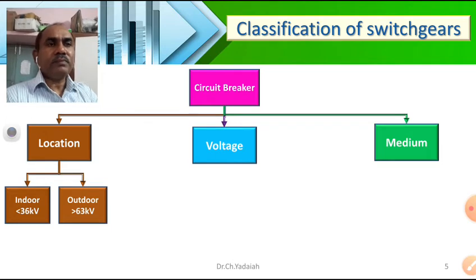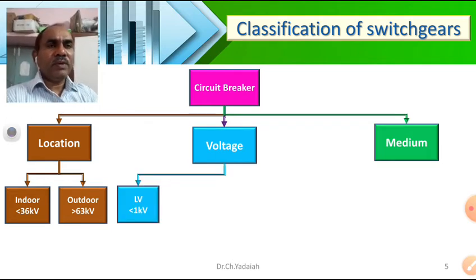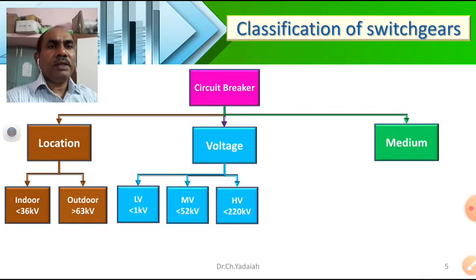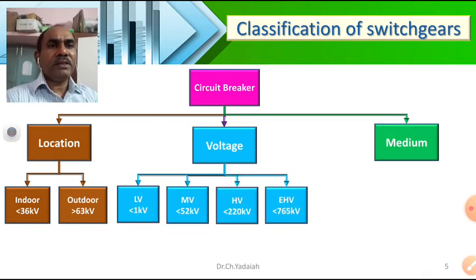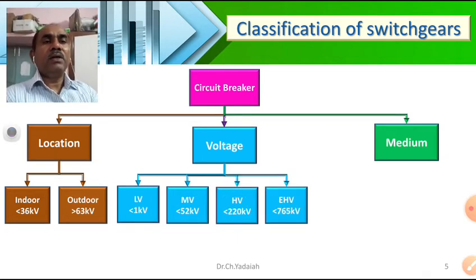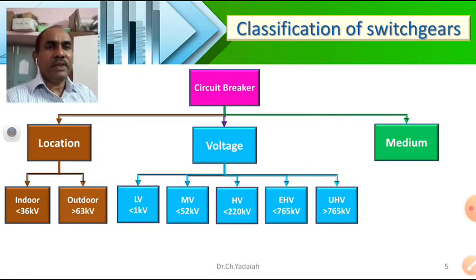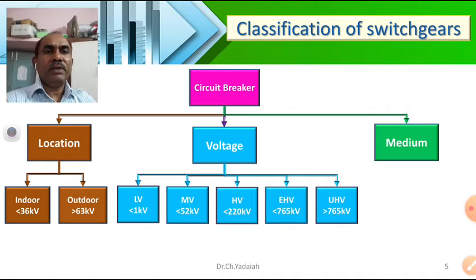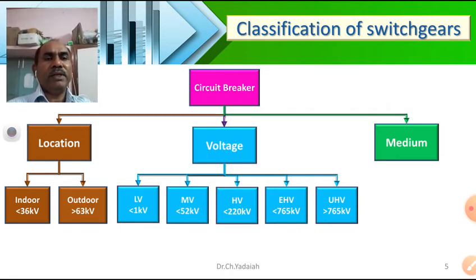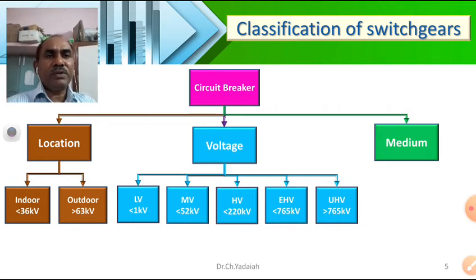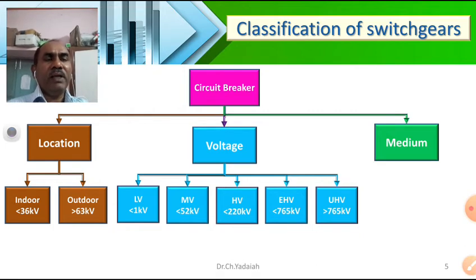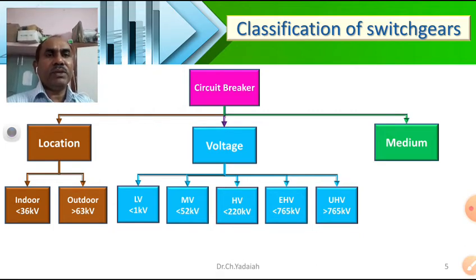if more than that voltage we can use outdoor circuit breakers. Based on the voltage, as we know, there are low voltage, medium voltage, high voltage, extra high voltage and ultra high voltage. The LT voltage is less than 1000 volts, and the medium voltage breakers are used from greater than 1 kV up to 52 kV.